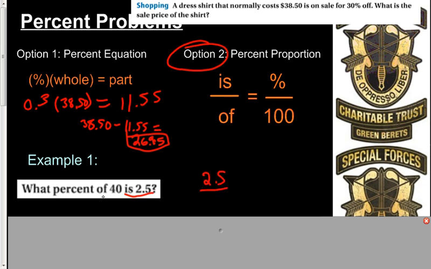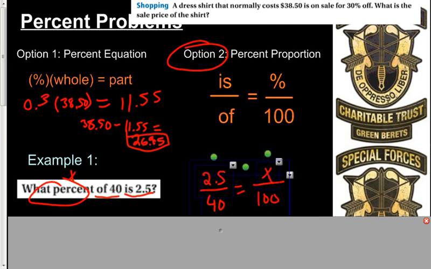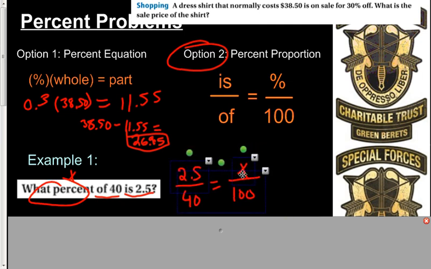If I look at the of, that's 40. That's the bottom here, the denominator. Equals percent, and this is always 100. We don't know the percent, we're trying to find the percent right here, so that's going to be our x. I'll put x right here. The nice thing about that is it's a proportion that we can then cross multiply to solve, and you know how to solve proportions.